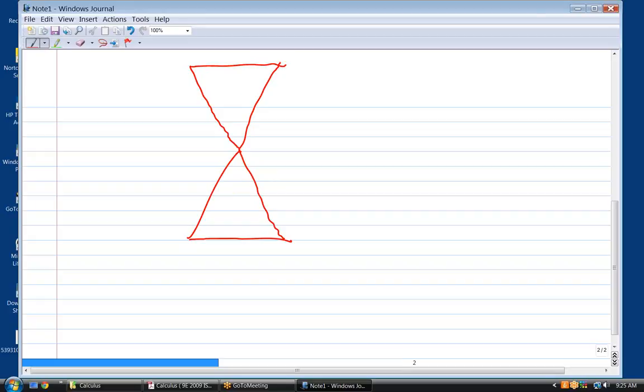Well, a degenerative conic is one where the plane goes through the vertex. In other words, if I slice right there, I don't get a circle, I get an infinitesimally small point.